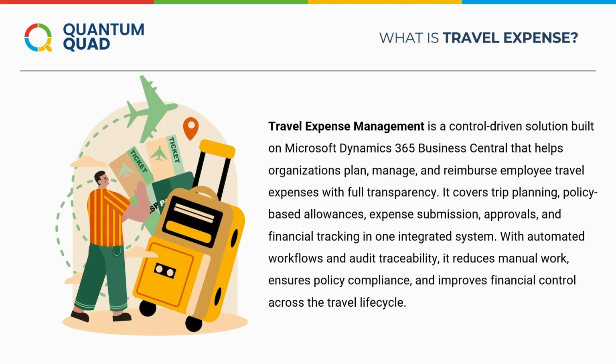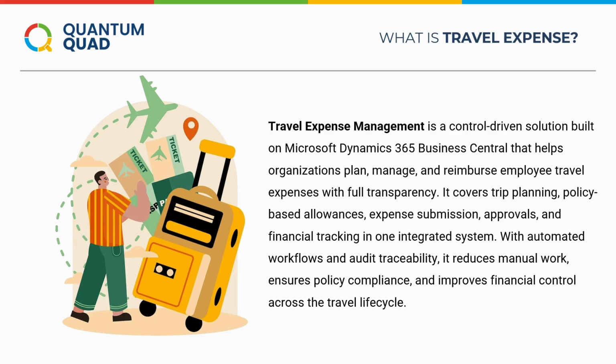So, what exactly is a travel expense management solution? At its core, it's a fully integrated end-to-end solution that helps your organization plan, manage, and reimburse employee travel expenses with complete transparency. From the moment a trip is planned to the final reimbursement, every step is handled within a single unified system.